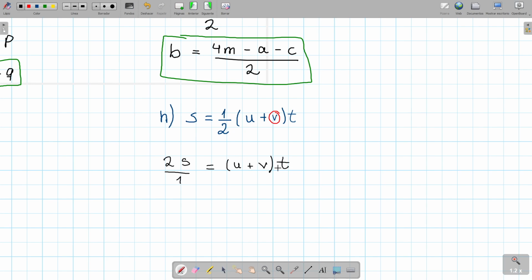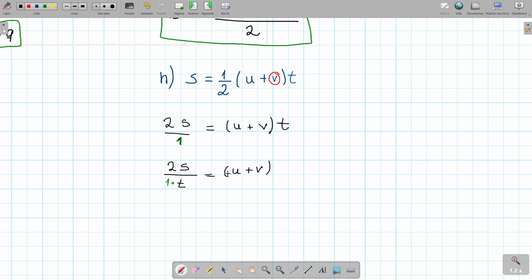So it's going to divide everything to the other side. So we have 2s over t. Now, if you are paying attention, remember this one. The one is right here, but everything multiplied just by 1 is just the same. Now we have u plus b, but as you can see, we don't have anything outside the parentheses, so we can erase them.